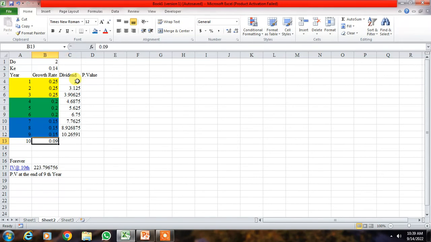We can say that this is the present value at the end of the 9th year of all those expected cash flows which we were going to receive growing at the rate of 9%. So now we are supposed to find out the present value, to discount the cash flows. Now 1 plus the required return is 14%.